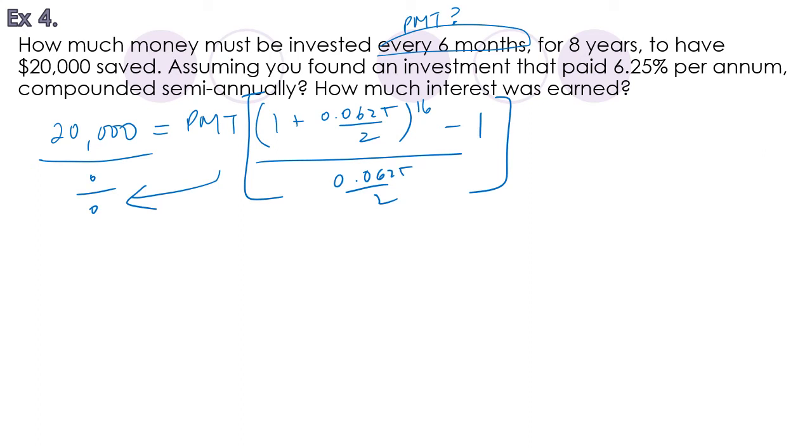Don't clear that. Now you need to type in 20,000 divided by the answer. Most of you should have an answer button on your calculator. So again, 20,000 divided by the answer button, and we get PMT equals $982.47.